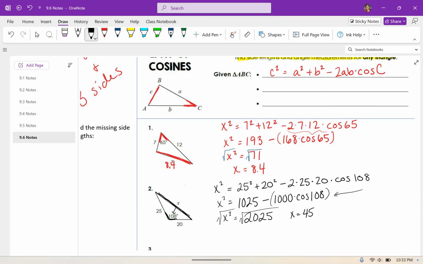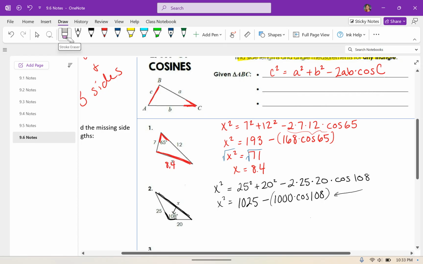I know that it cannot be 45 because 20 plus 25 is 45, and I know that the two smaller sides need to add up to something larger than the longest side. So 45 is the end of that range. So I'm going to erase this and see where I messed up.